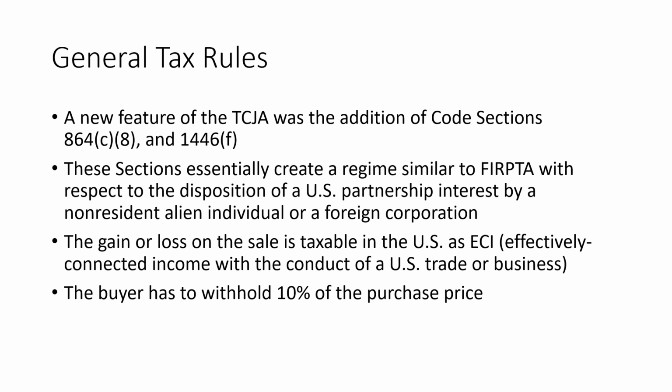And what the IRS has done here is they now tax the gain or loss on the disposition of a U.S. partnership interest by a non-resident alien individual or a foreign corporation. And that gain or loss will be taxed as ECI, effectively connected income, which is similar to FIRPTA in that a foreign owner of U.S. real estate also is subject to a similar tax.